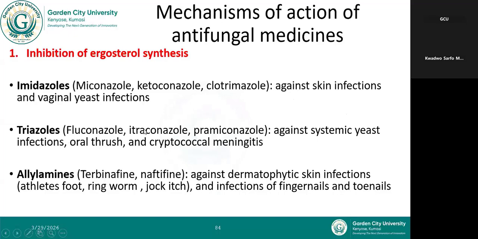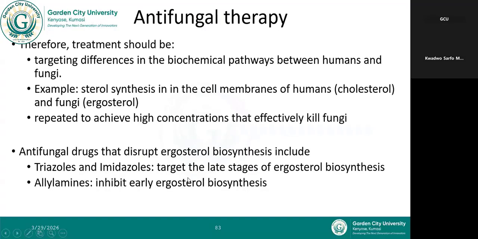Then fluconazole, itraconazole, voriconazole, the triazoles, are for systemic yeast infections, oral thrush, and cryptococcal meningitis. So the clinician may target this synthesis in the early stages, then go for the triazoles and imidazoles in the late stages. If it becomes chronic or recurrent, then usually they go for the triazoles and then the imidazoles.